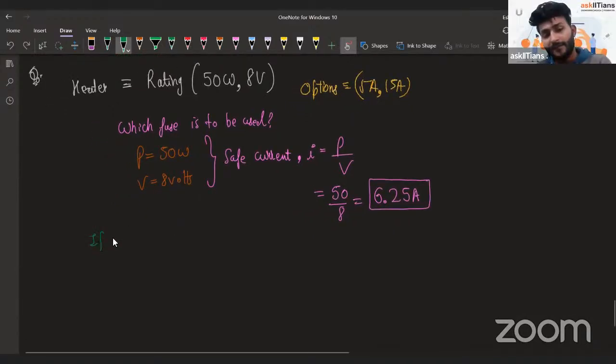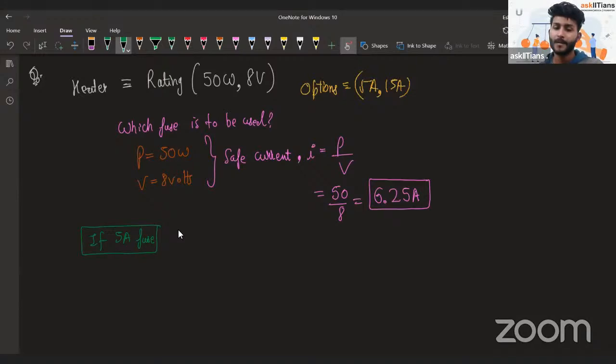So imagine if I use a 5 ampere fuse, will this heater malfunction or will it not for any particular value of current? Will it malfunction, yes or no, for any value of current?